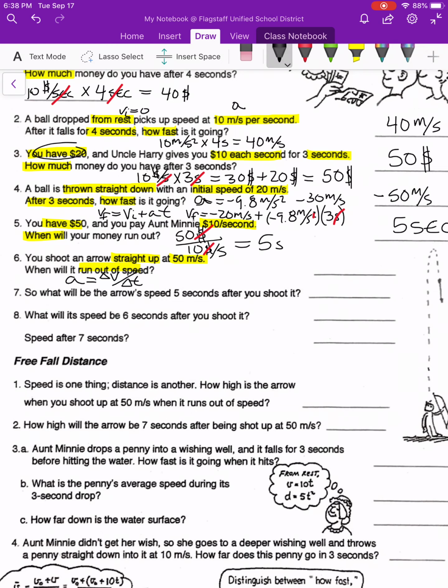So I'm solving for time, right? Because it asks when will it. Let's rewrite this equation to begin with. I should have delta T is equal to delta V over A. That's algebra. You can check that, and once you run through it, it should check out.